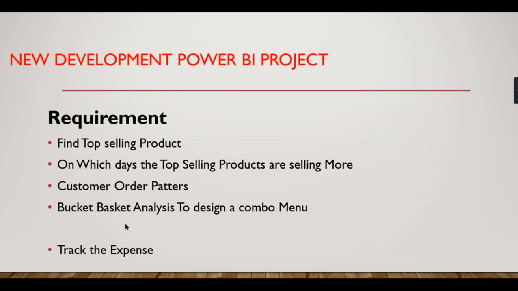Again, he wants to redesign the menu for combos. If people order one particular product, will they order another menu item or not? It's a kind of suggestion. It doesn't involve any machine learning or AI algorithm. It's just from his order history, how many orders he has got. From that, he wants to get the combinations of products.